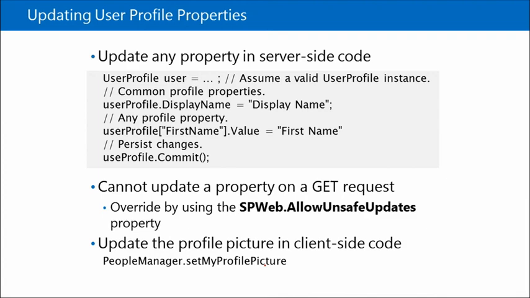If you're using a common name like display name, you can just set it directly with the equal sign there. If you're accessing a custom profile property, or one of the ones that's not common, or anything actually that you put in the string there in the indexer, you want to assign the value to the dot value before you commit your changes to the user profile object. Perfect.